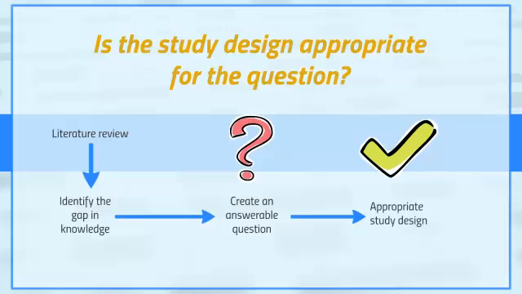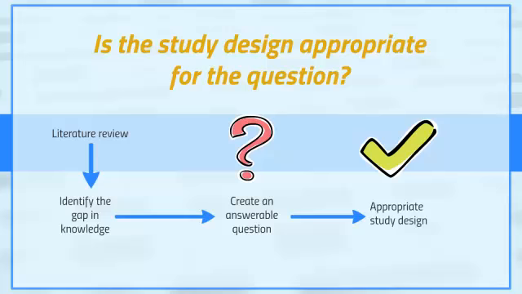So before we get to this good question, we need to first understand the background to a possible question we wanted to ask. And the background can be ascertained through a literature review. That is searching the literature for evidence to understand where the gap in the evidence, the gap in knowledge, might lie.